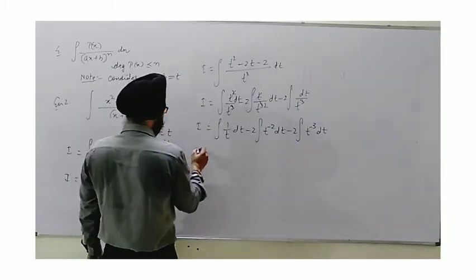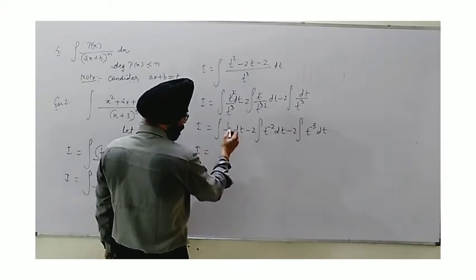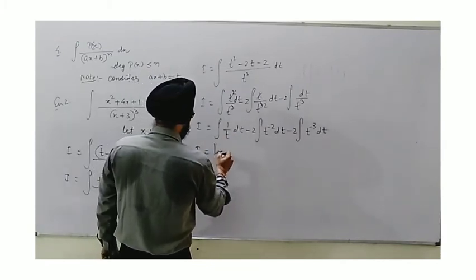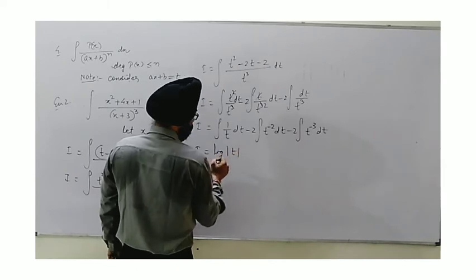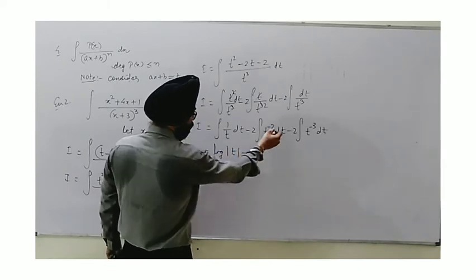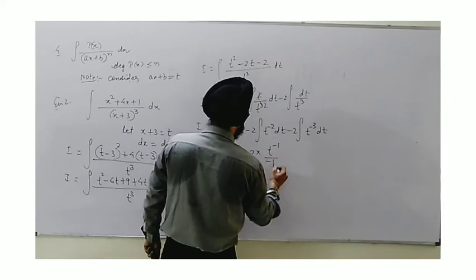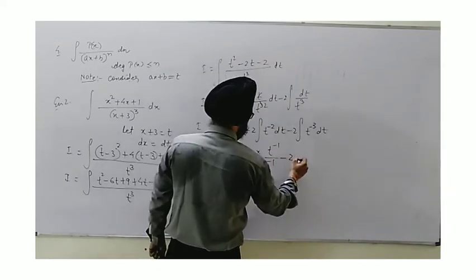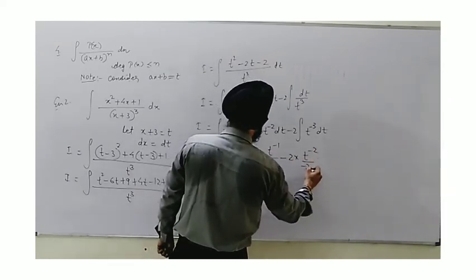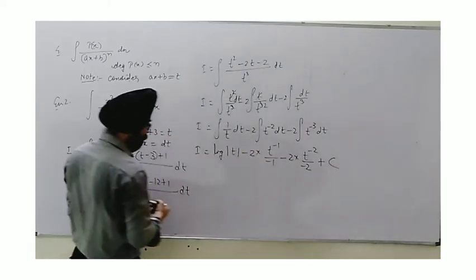Each term is a basic function. Applying the 1 upon x pattern, this becomes log of t directly, minus 2 into t to the power minus 1 upon minus 1, minus 2 into t to the power minus 2 divided by minus 2, all plus c the constant.